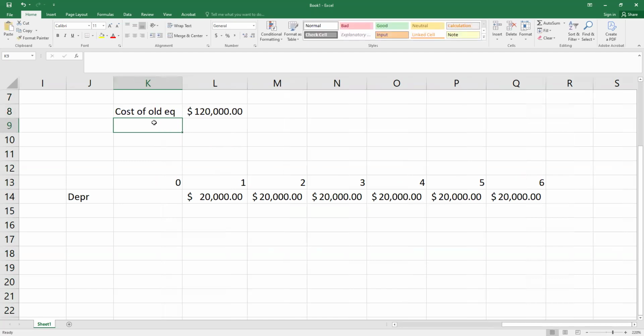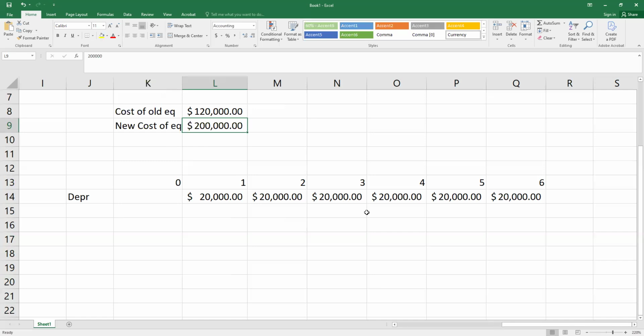And the cost of the new equipment is, let's say, 200,000. But this 200,000 will be incurred at the end of the third year, not at the beginning of the project.